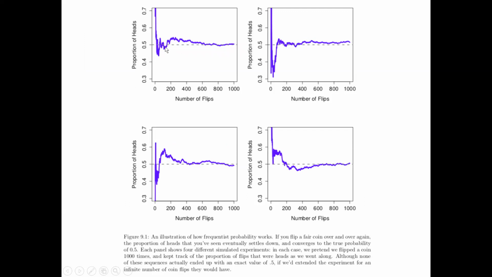Which is our true value, our true probability. But you can see as the number of flips increases all the way up to 1,000, now it's all converged to this true value of 0.5. And you can see the same thing happening in the second, third, and fourth simulation.